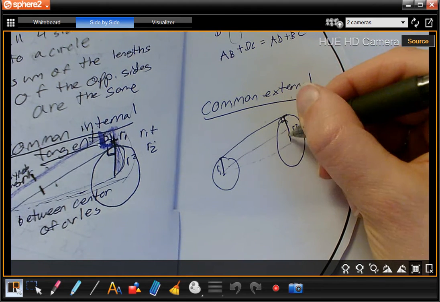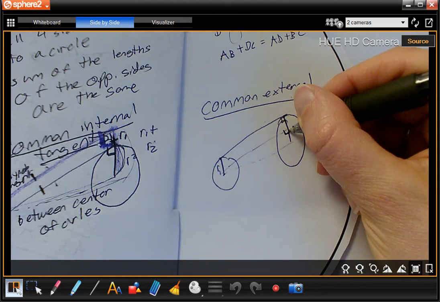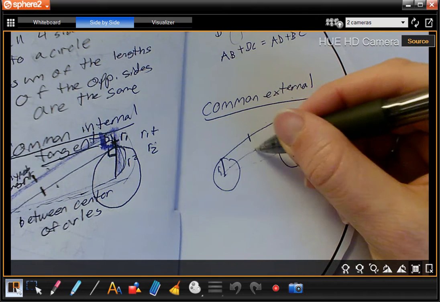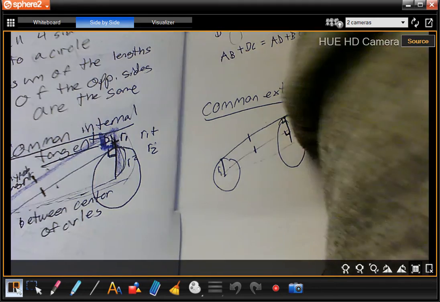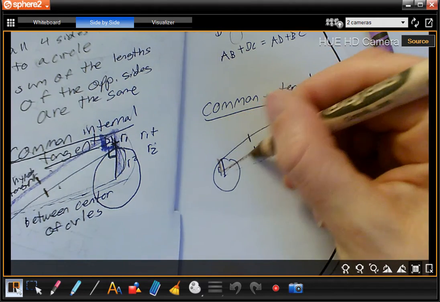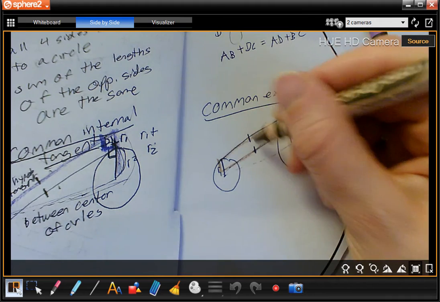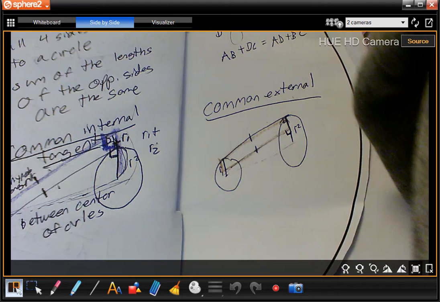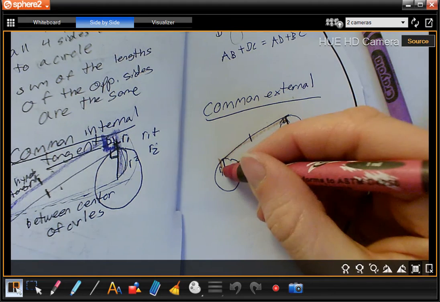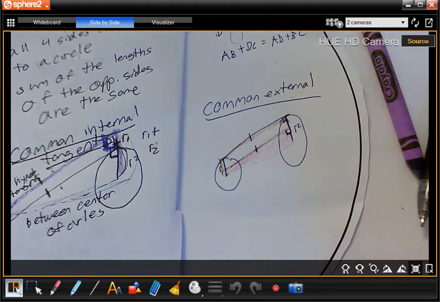So we've got a right angle. And know that these two, the common external tangent and this line here where we built this rectangle on the top of it, those two sides are going to be the same. But then you see that we have this right triangle right here.